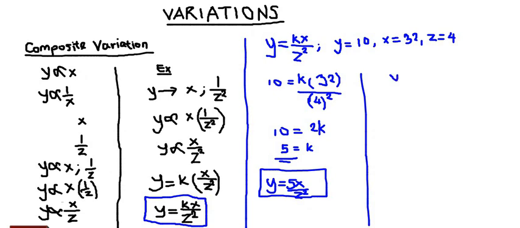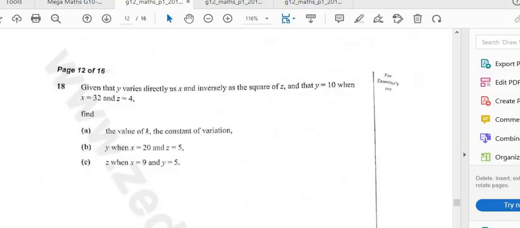So the equation is y is equal to 5x over z squared.